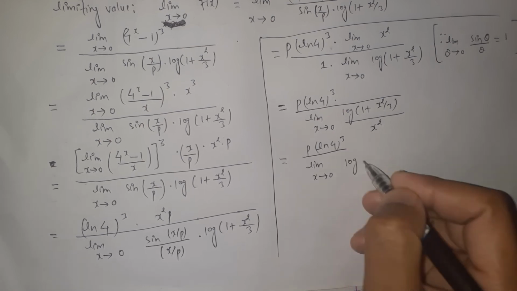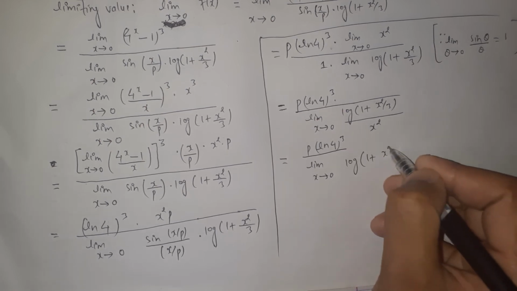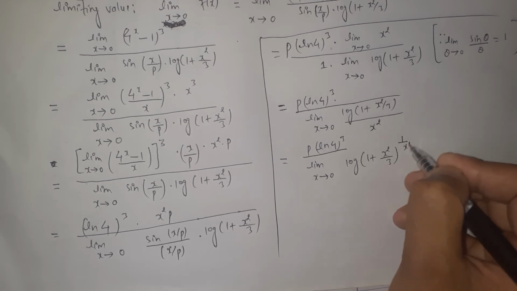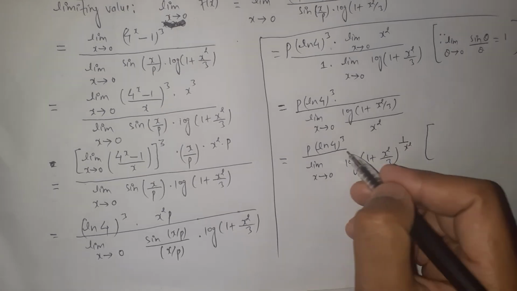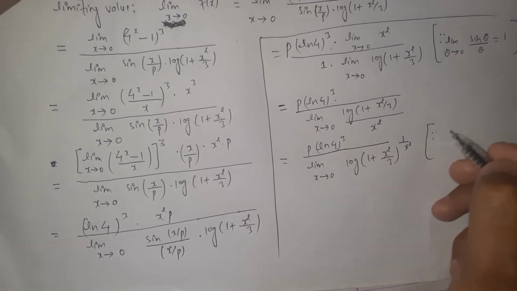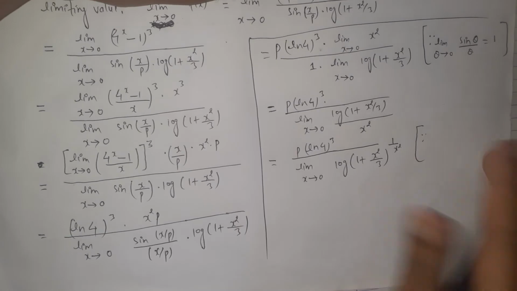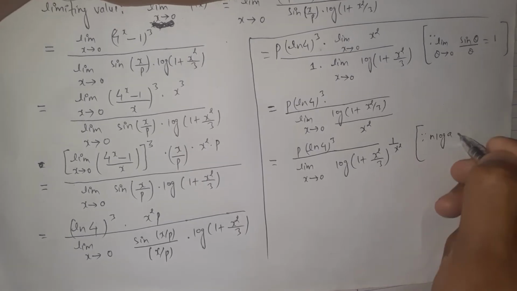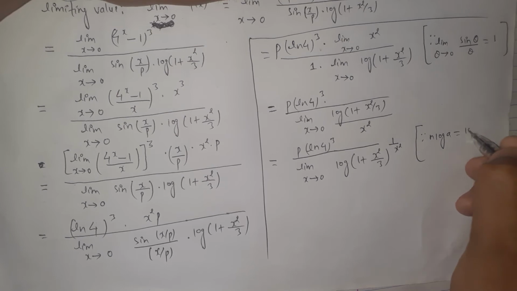This can be written as log of (1 plus x square over 3) to the power 1 over x square. Here we just use the power law of logarithm function, that is n times log of a is equal to log of a to the power n.